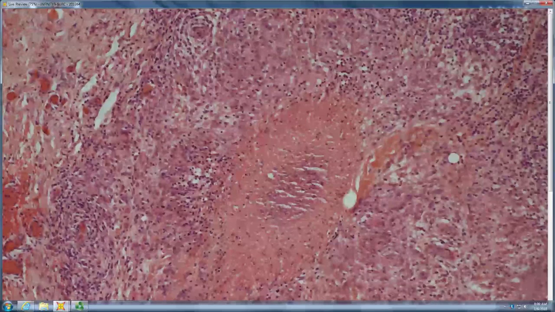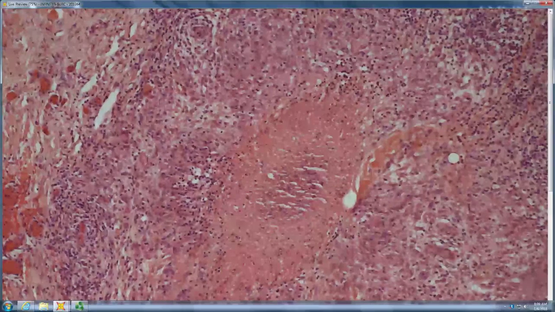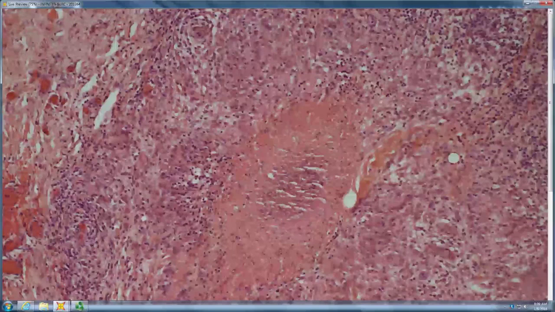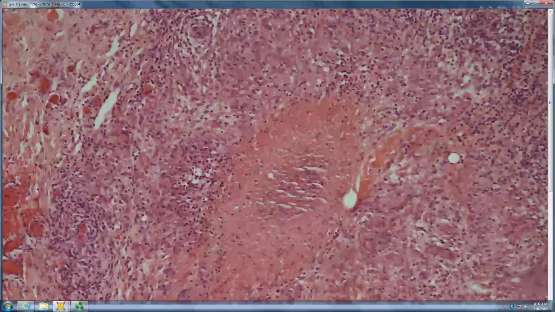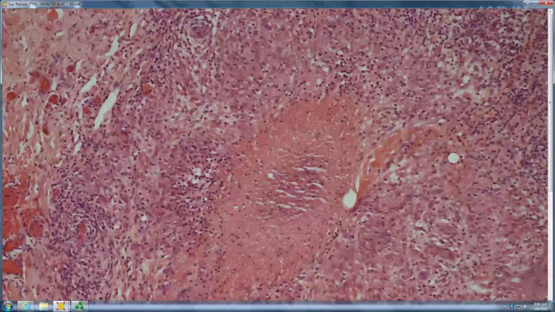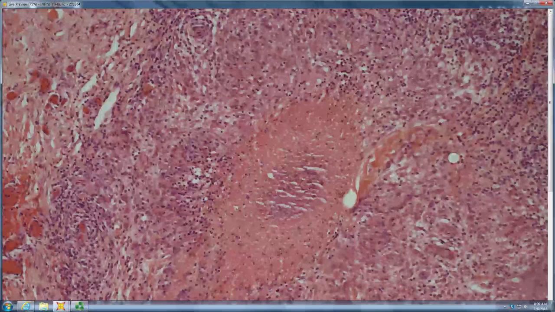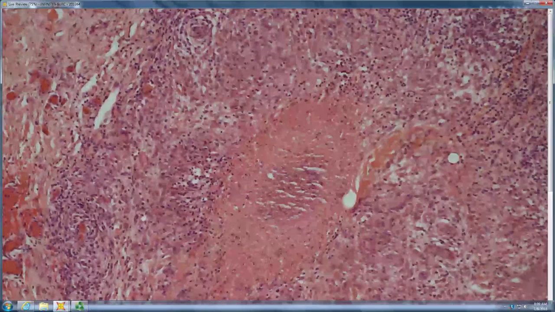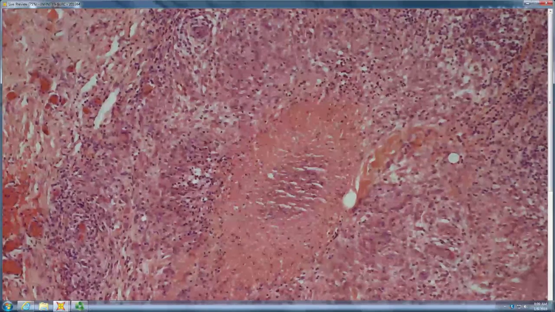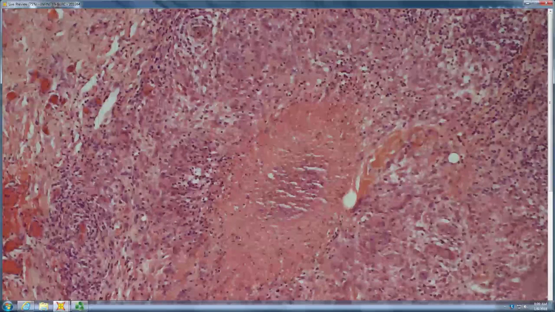So a neutrophilic abscess with surrounding granuloma, give me a differential. I think Wegener's can. So Wegener's on the vasculitic side absolutely can, and on the infectious side, and Wegener's we're supposed to call granulomatosis with polyangiitis, right?